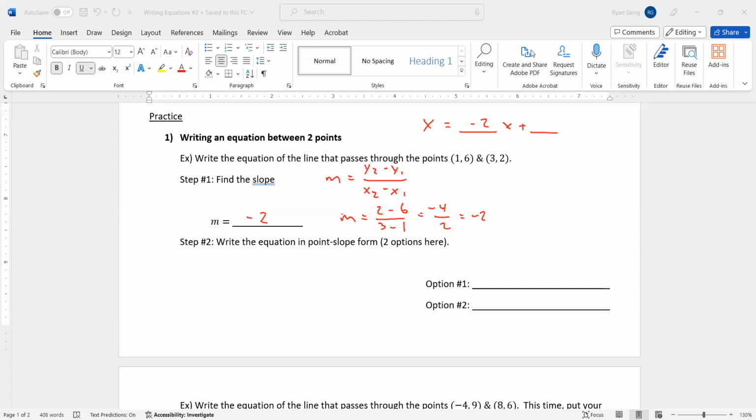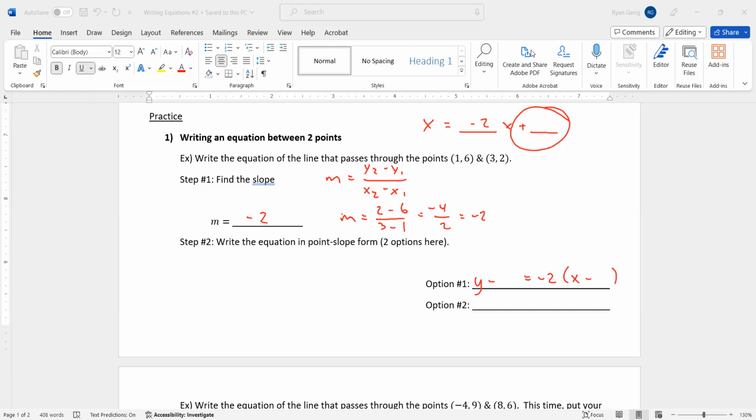So the first one, because I don't know this, that's why I'm doing point slope form, right? So y minus something equals my slope, -2, x minus something else. We got to fill in those blanks. So notice I put the minuses there.